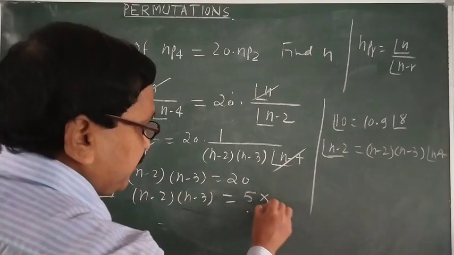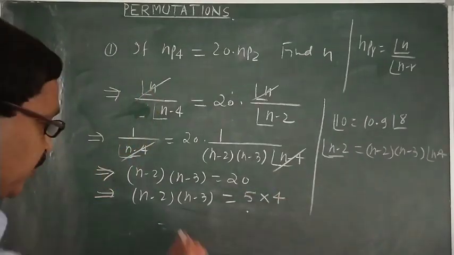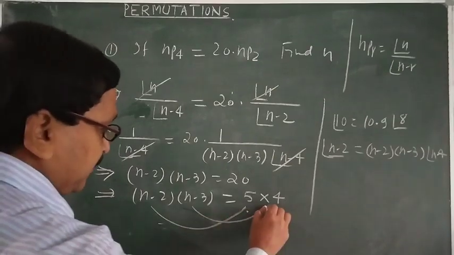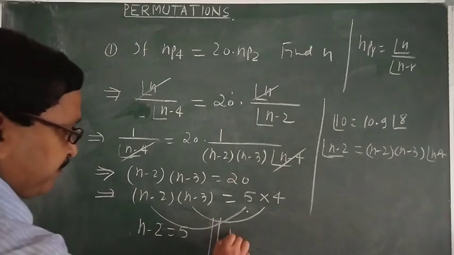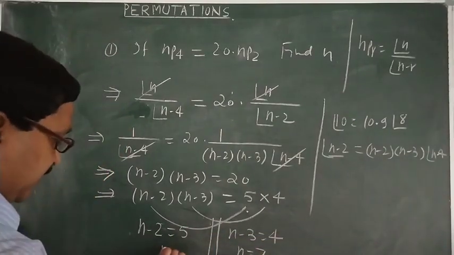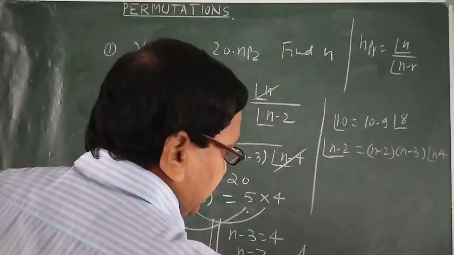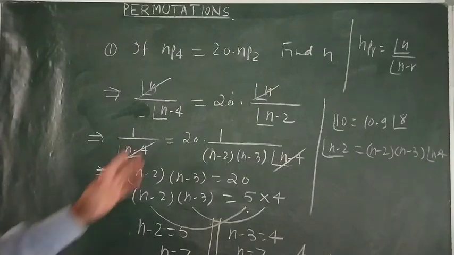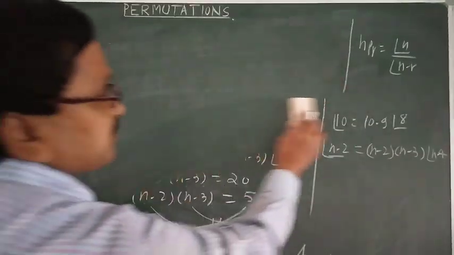Likewise, 5 into 4 are the consecutive terms, this is big and this is small. So by comparison, n minus 2 is equal to 5 and n minus 3 is equal to 4. So n is equal to 7. This is our answer. In this way, we can use the formula to do the various problems.